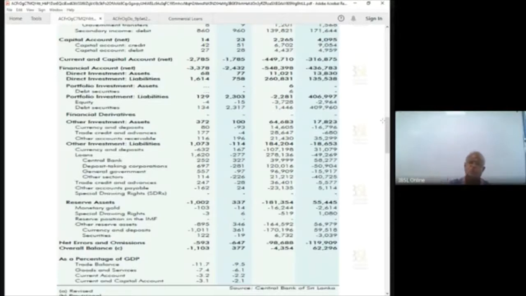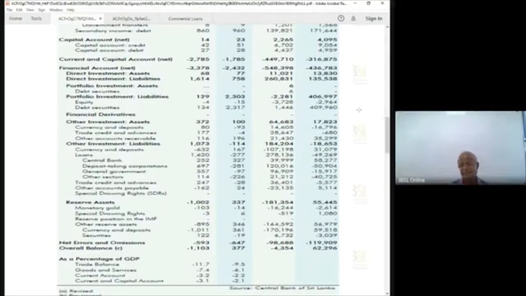Coming to the overall balance: for example, the 2018 overall balance was a deficit of 1.1 billion. In 2019, the overall balance was a surplus of 377 million US dollars.